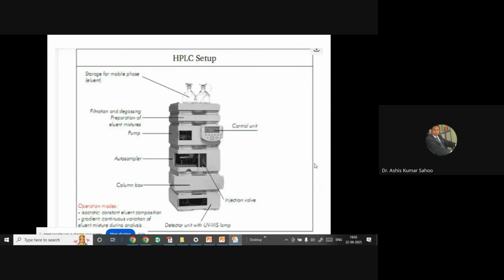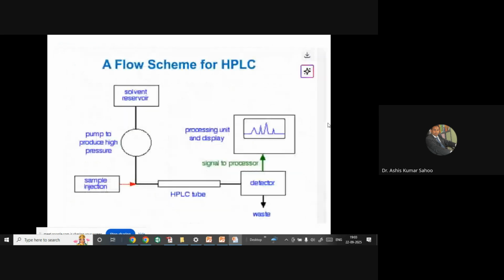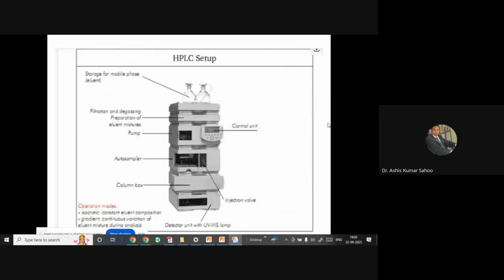This is the instrument. In the first slide we showed the HPLC machine. Here we have a pump, here the column box will be there, and here the injection valve is there.